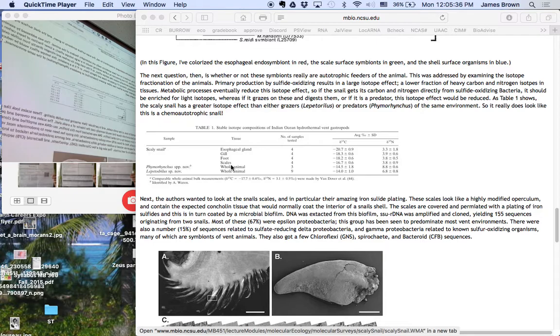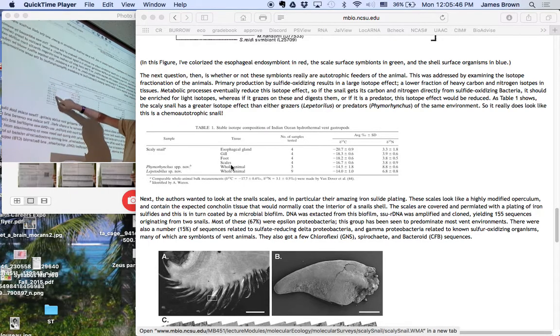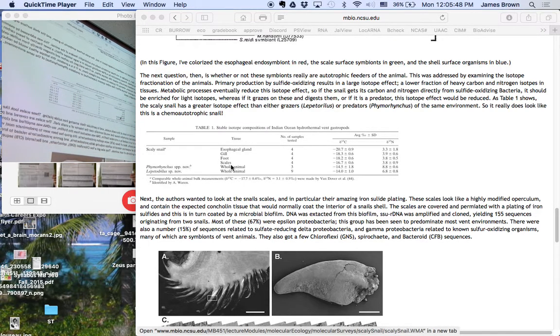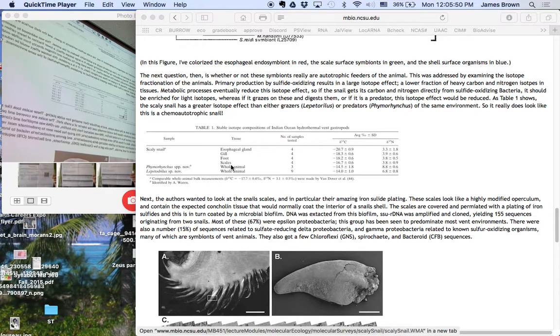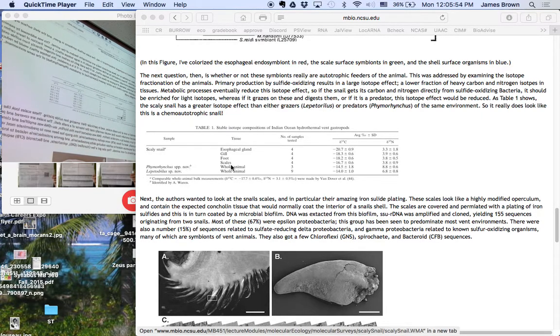And if you can't eat, where do you get it? Well, they see the same isotope effect in reverse. These are positive deltas here. So not only are these endosymbionts providing fixed carbon, they're providing fixed nitrogen as well. The next limiting factor is phosphorus, and that just has to come from the environment because there's nowhere else to get it.